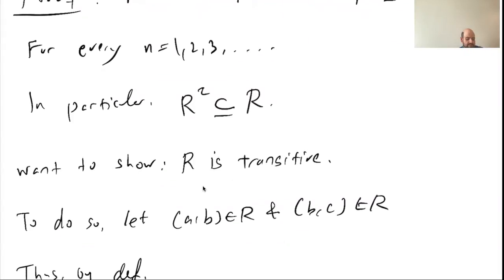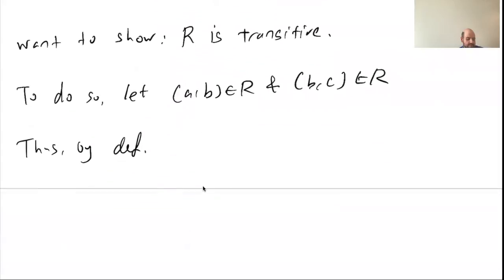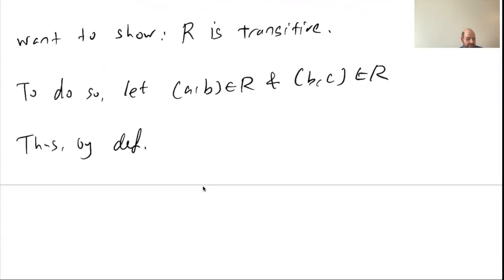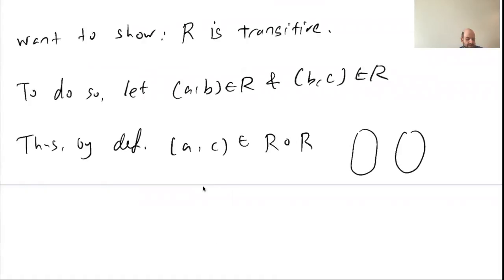So I assume (a, b) is in R and (b, c) is in R. So by definition, what can I say? I can say that (a, c) is in R∘R, right? Do you remember the picture I drew for you for the composition?